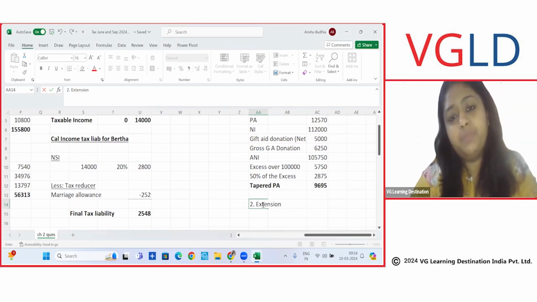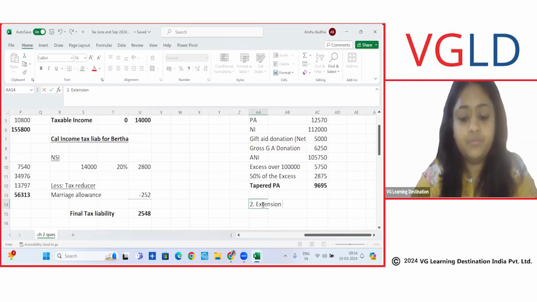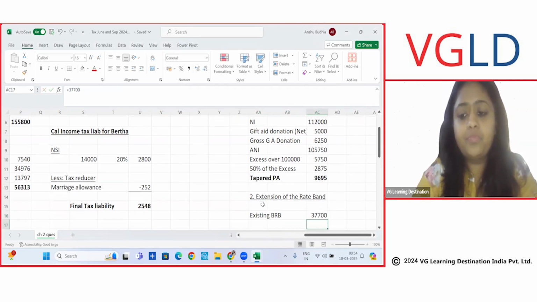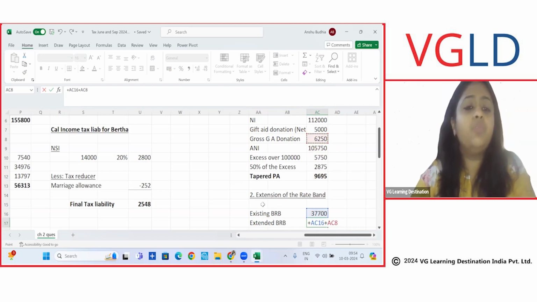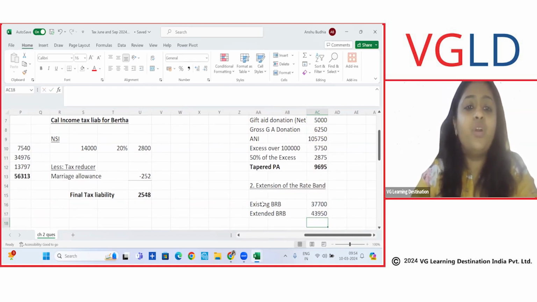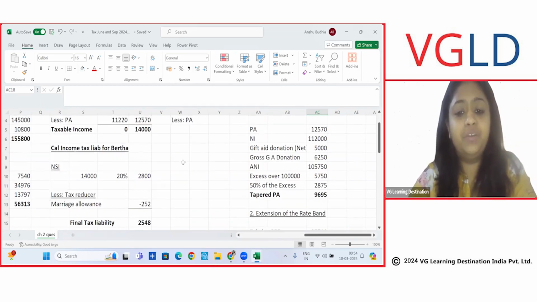I just need to calculate BRB extension because income is not beyond HRB. Existing BRB. Now extended will be gross amount we will add. 43,950 is the extended rate band.